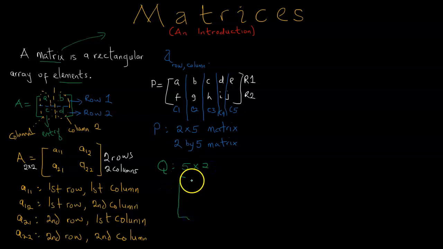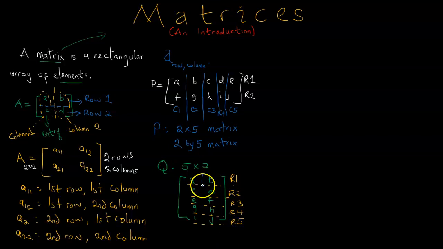So that's going to be something like A, B, C, D, E, F, G, H, I, J. So I've got row 1 right here, row 2, row 3, row 4, and finally the 5th row.